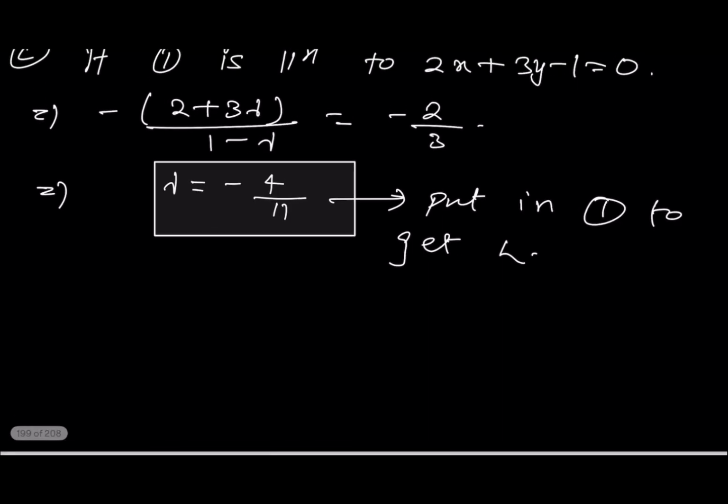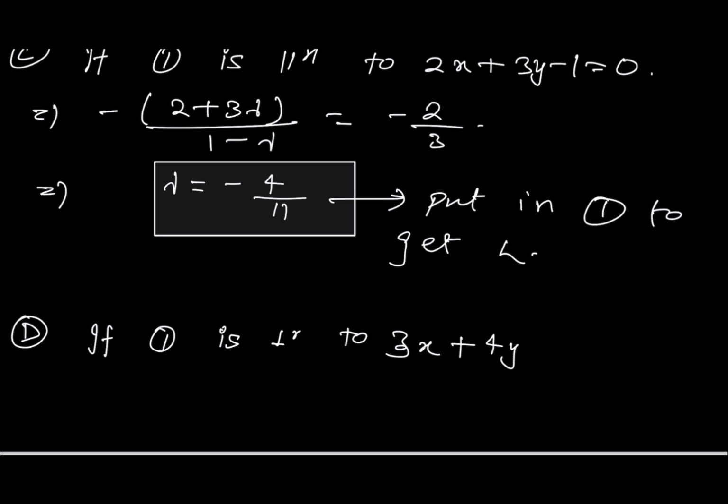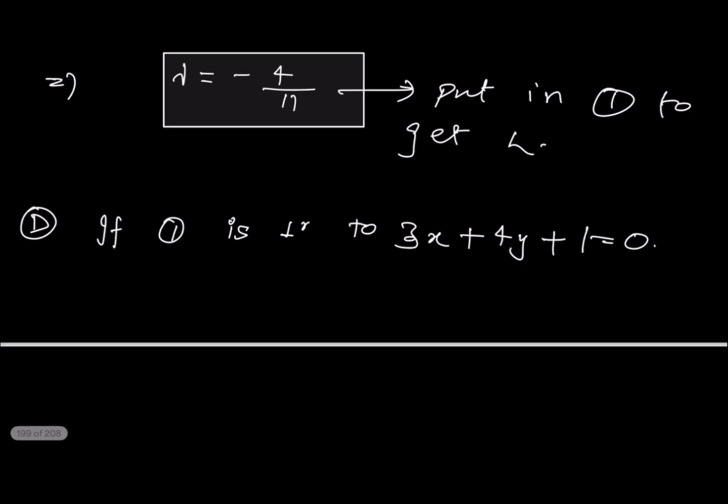Okay, now the fourth part is: if L is perpendicular to 3x + 4y + 1 = 0, this implies that if two lines are perpendicular, then the product of their slopes is -1.